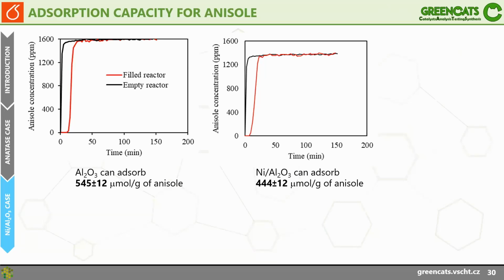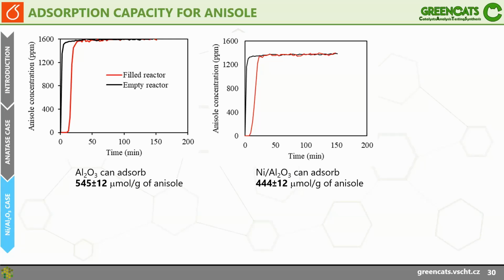So this is one thing, and what comes in some kind of correlation with that is the study of adsorption and desorption of anisole done in a TPD instrument. So we see here that we are adsorbing anisole on alumina. Then we have nickel on alumina. This is less, again, close to 20%.